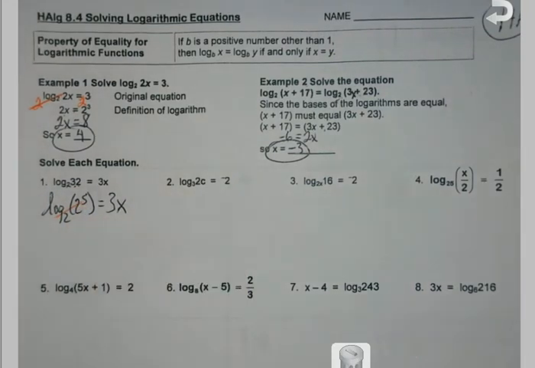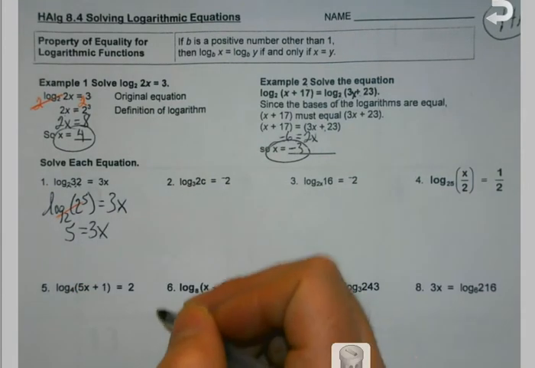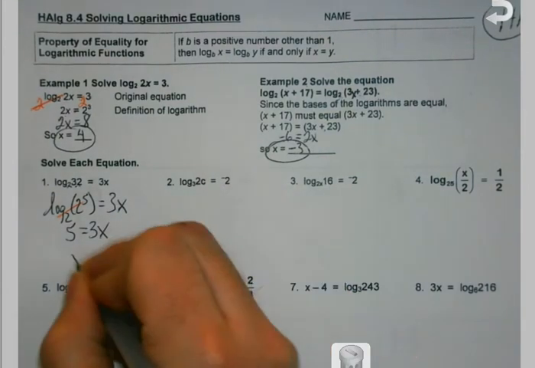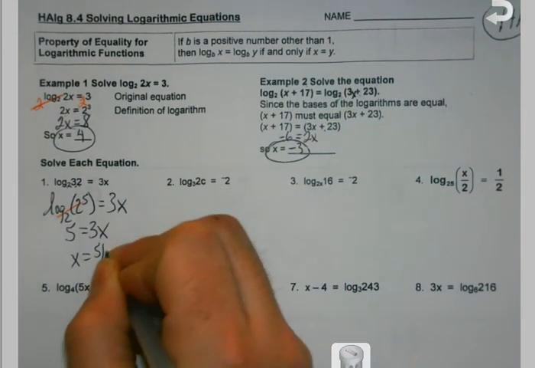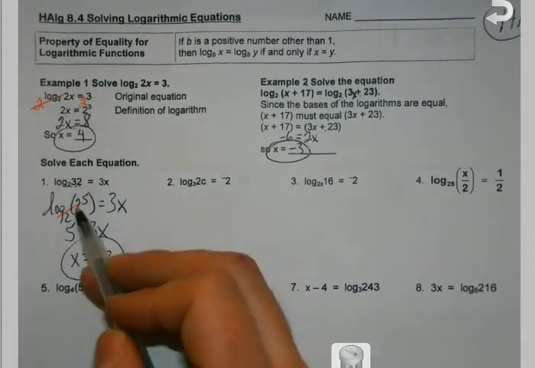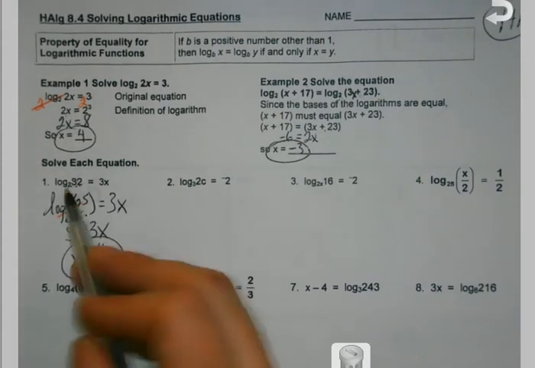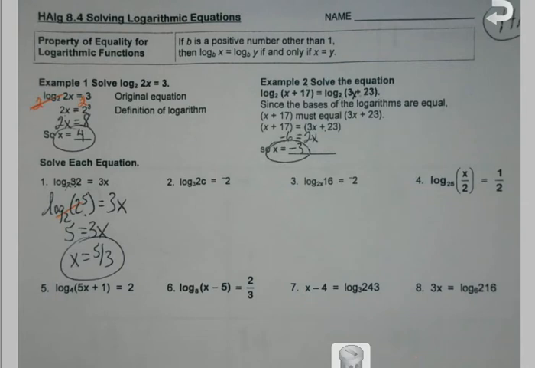Because then I can wipe those, and this is really just 5 equals 3x. And I can divide by my 3. So all of those tools that we got from the last section, whether it be looking at this and knowing 2 to the 5th gets me to 32, or asking 2 to what power gets me to that base, and working it that way. Now, is that always going to work?